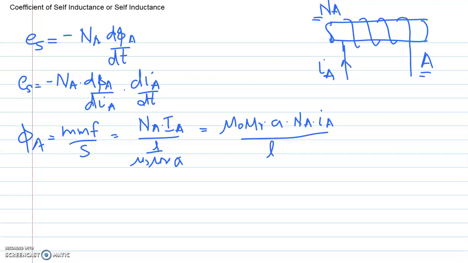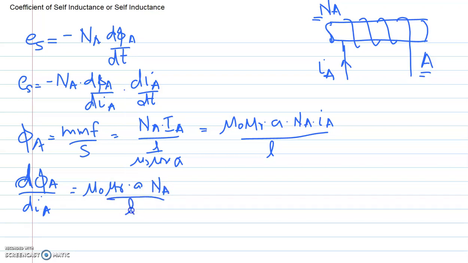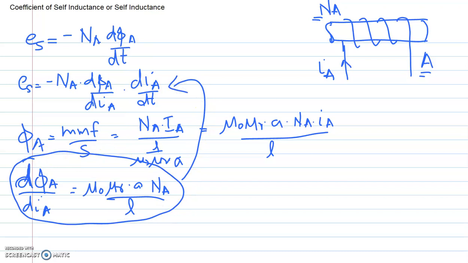Therefore d phi A divided by dIa is nothing but mu 0 mu R a into Na by L. So you can substitute this in this particular equation.